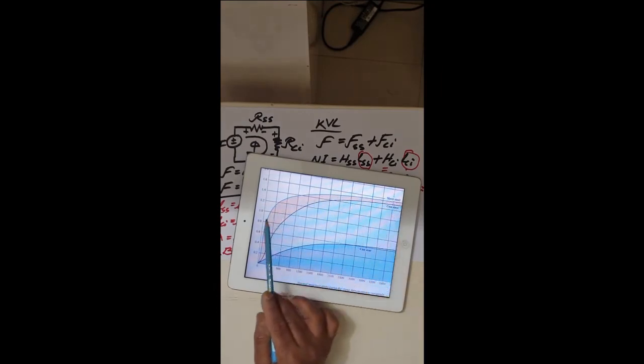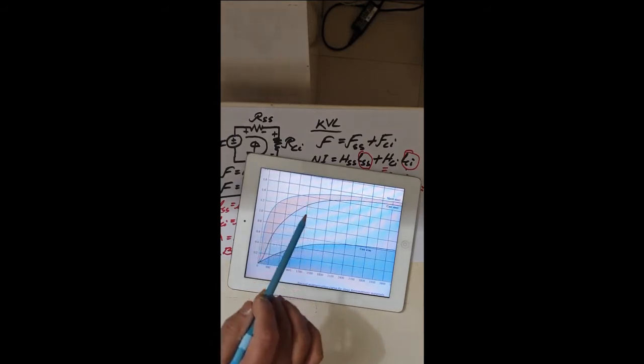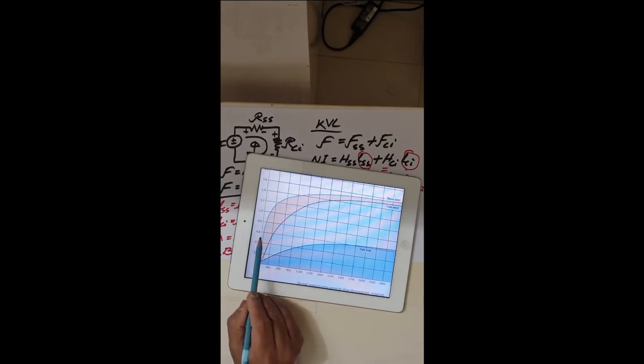So for B flux density 0.54, which is here, its corresponding intersection is approximately 70 if you consider.